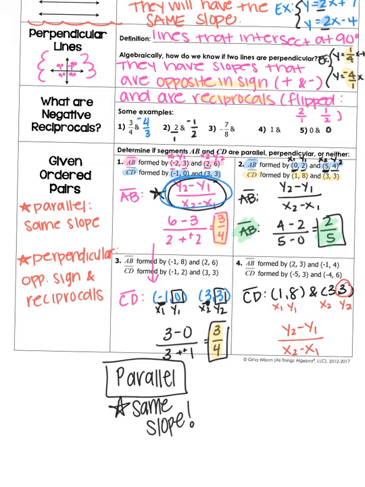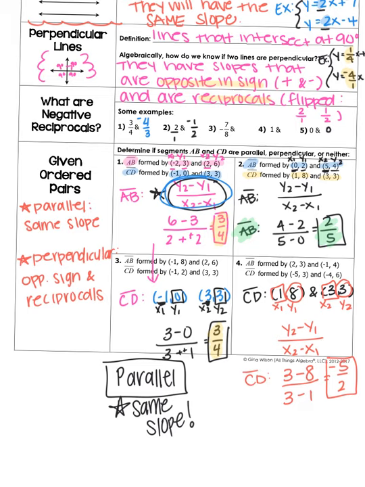All right, so my y2 is 3 minus, wants me to do minus y1, so 3 minus 8 over x2 is 3 minus x1 is 1. So 3 minus 8 is negative 5. 3 minus 1 is 2. So this slope is negative 5 over 2.